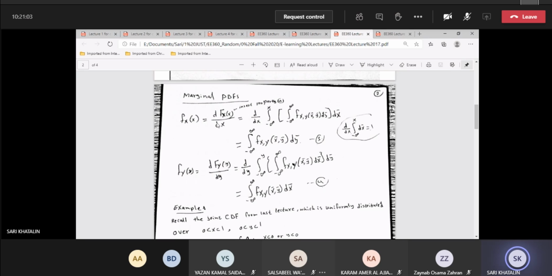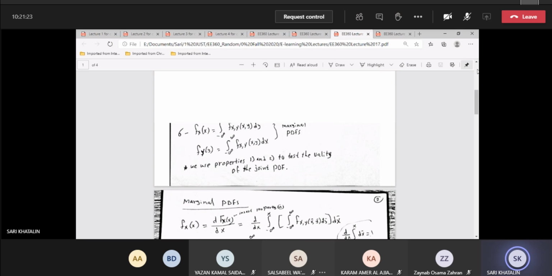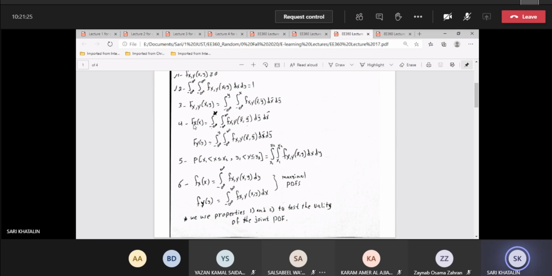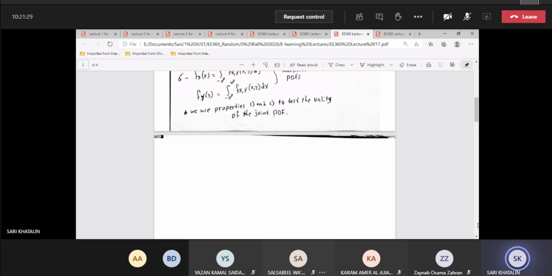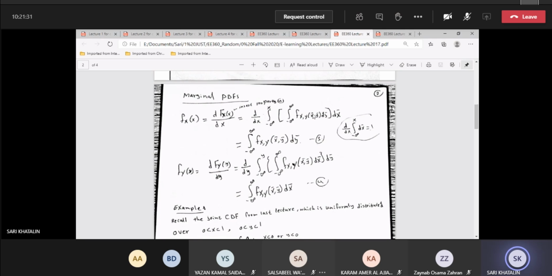So basically, the marginal fx is equal to the first derivative of the marginal CDF. If we plug in fx, going back to equation 4 right here, and plug it back in here, you do the integration.